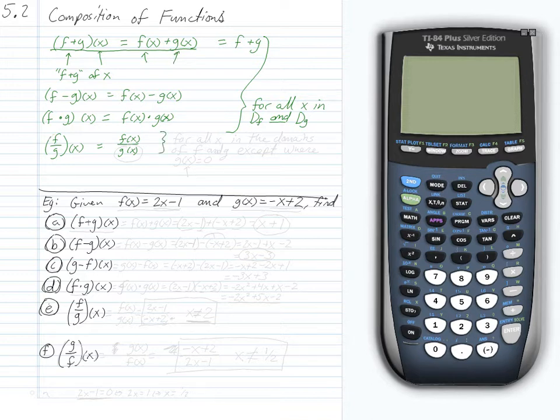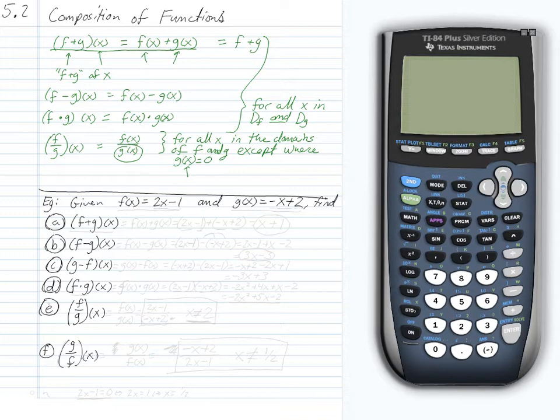This new function f over g of x is defined for all x in the domain of f and of g, except where g of x equals 0. In other words, we can't plug in an x value that would make the denominator of this function equal to 0. And we'll see in a few minutes what we mean by that.